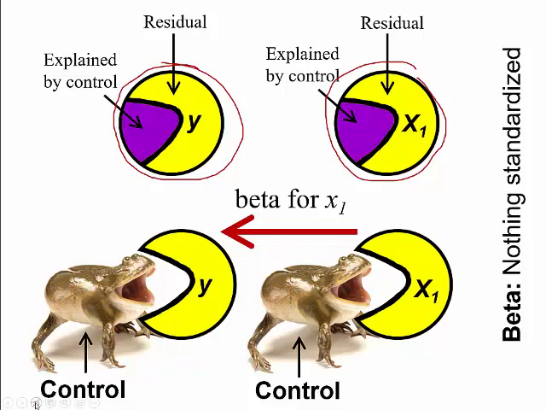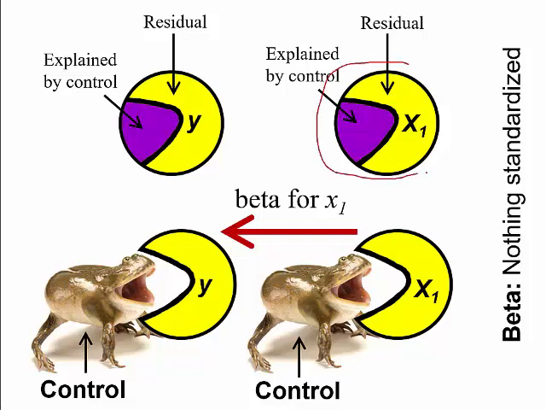That's what we talked about in our previous section, how we can use one variable to extract variance out of another. So if I have my predictor x1, part of that x1 is going to be the stuff that's explained by the control variable. That's the purple area here. My control variable, this big, hungry, wide-mouthed frog, comes along and eats up everything it can out of x1, and the yellow stuff is all the residual, the stuff that's left over that the frog could not eat up.